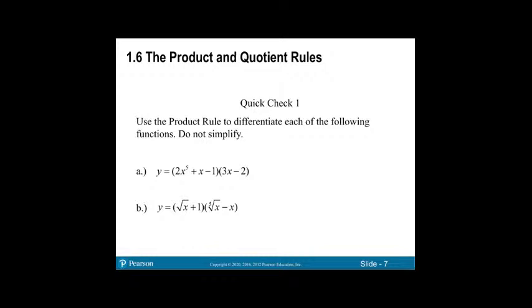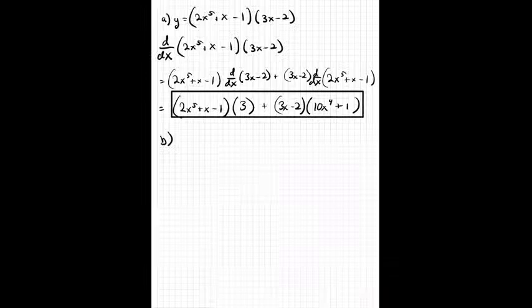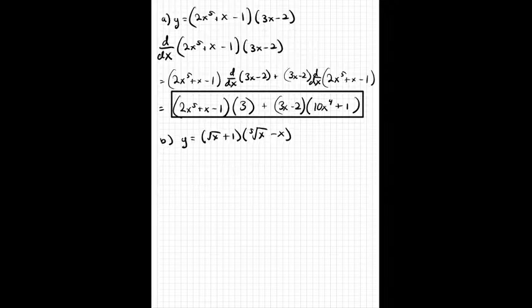So then B is going to be y equals, we got this root x plus 1 times the fifth root of x minus x. Okay. Let's get a copy or cut and paste.